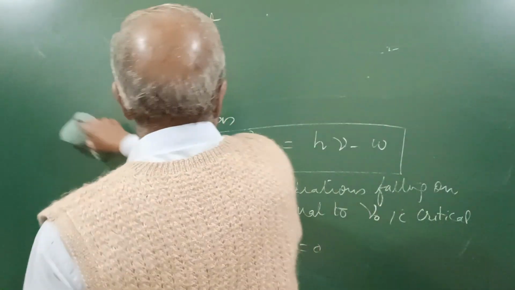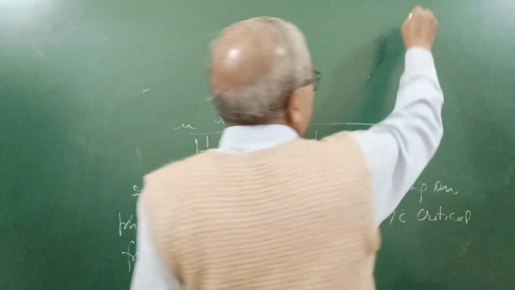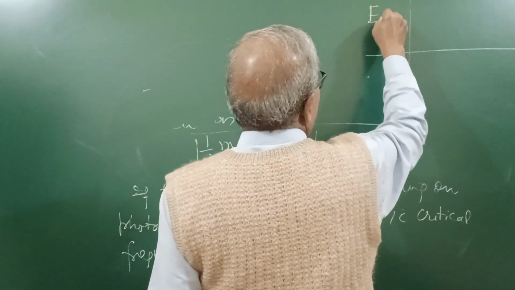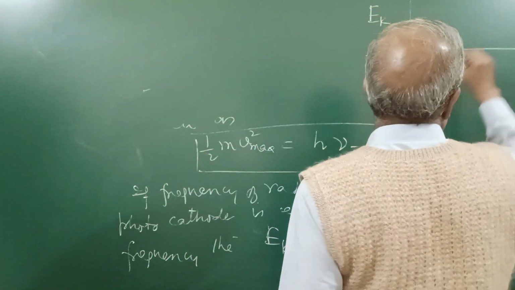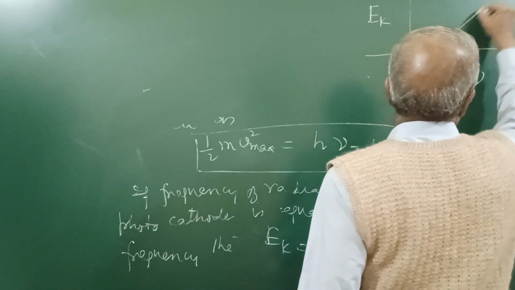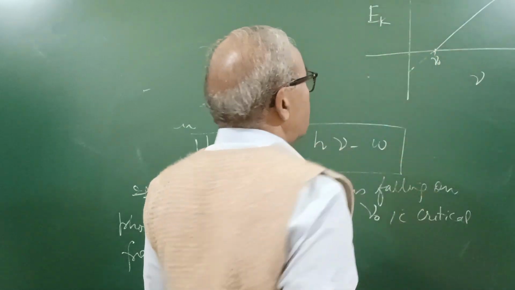The graph was this, wasn't it? Ek means maximum energy and frequency. The curve was like this. So it is nu 0 at which energy is 0.